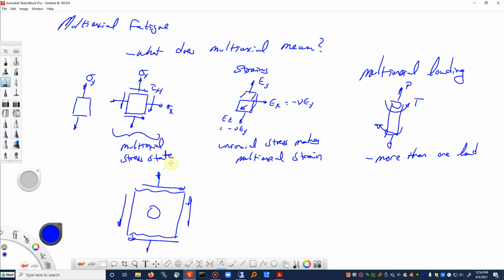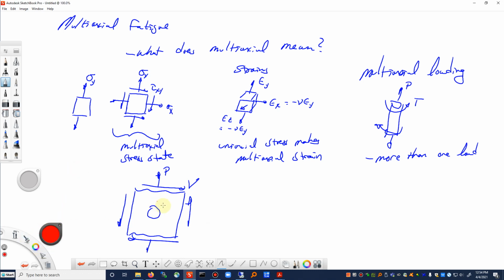So we have two loads, and it's in equilibrium and everything. There's no problem there. Well, in certain parts of this plate, we would have a multiaxial stress state. But in other parts of this plate, we would have a uniaxial stress state.